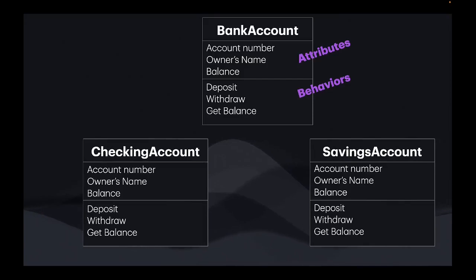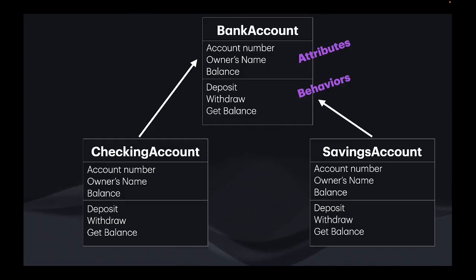You can see that all three of these classes have a lot in common. Inheritance allows us to say that a checking account is a type of bank account, so it can inherit the behaviors and attributes that any bank account has. And since a savings account is also a type of bank account, it can inherit those same things.